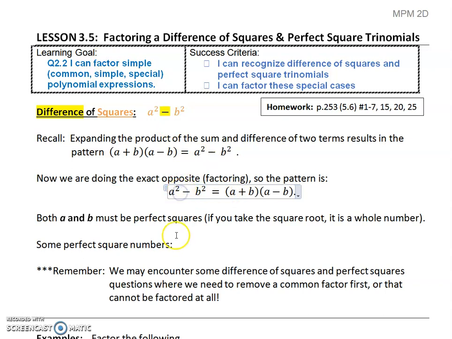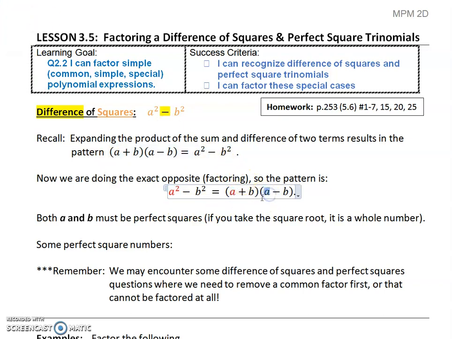All right, so this is what you do. First of all, you set up the brackets, one with a plus and one with a minus. It really doesn't matter which one is the plus and which one is the minus. But in order to get your a's, you're just going to square root the first term. And remember, it has to be square rootable for it to work.